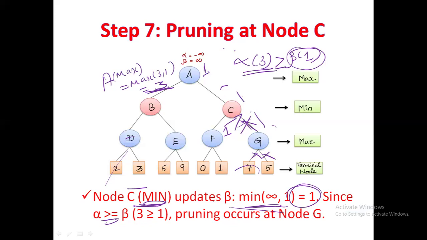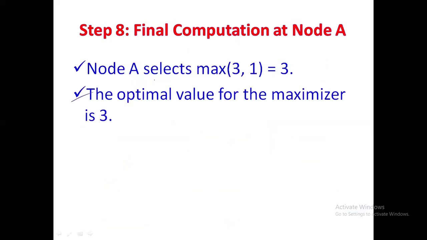The algorithm successfully avoided unnecessary calculations through alpha beta pruning, making the process more efficient by reducing the number of evaluated nodes. So the optimal value 3 is being selected. This completes the alpha beta pruning process, where pruning helped us skip unnecessary calculation while still determining the correct optimal value.